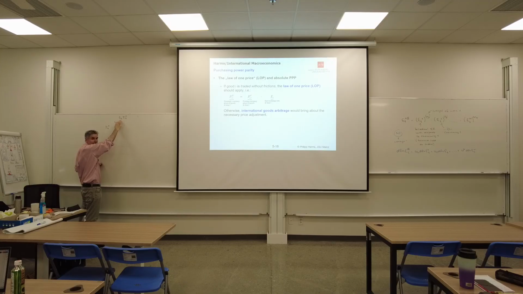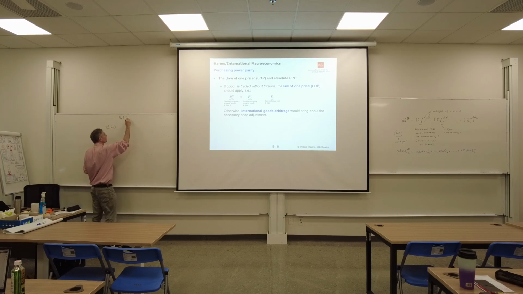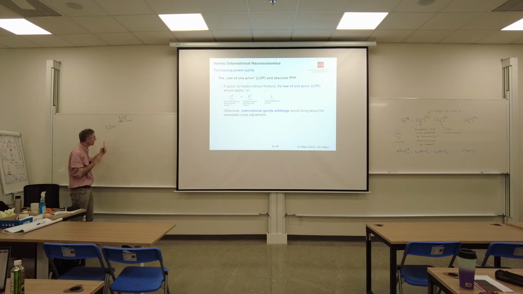This is the Thai baht Vietnamese dong exchange rate, so the number of Vietnamese dong that you have to give for one Thai baht. So that would be VND per THB, and this would be in THB. So suppose that you have that situation.